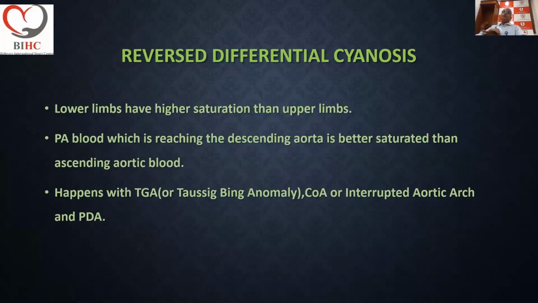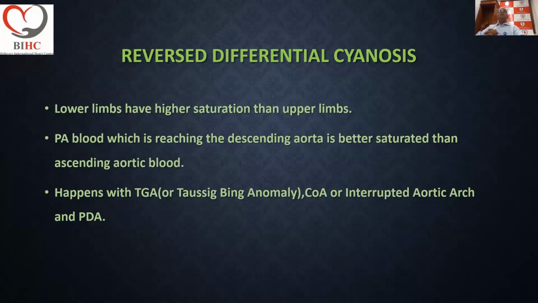We also come across this entity, reversed differential cyanosis, where the lower limbs have a higher saturation than the upper limbs. In the NICU, if you find this, do not ignore this as a mistake. It is an important observation. If it is your lower limbs that have a higher saturation than the upper limbs, it means that the PA blood, which is reaching the descending aorta, has a higher saturation than expected.